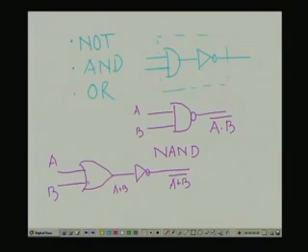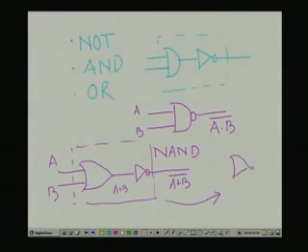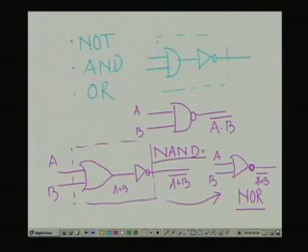In a similar way, if I replace these two, it will be a NOR, just OR with a circle at the end, this will be A, B, and it will be A plus B complement. So, this is my NOR. Again this NAND and NOR are two other basic gates.